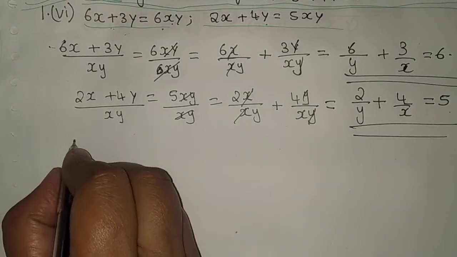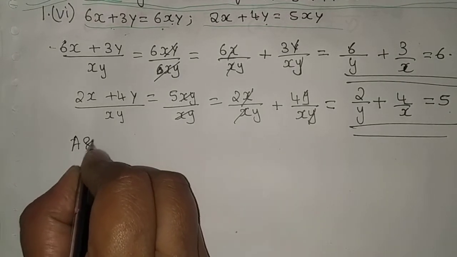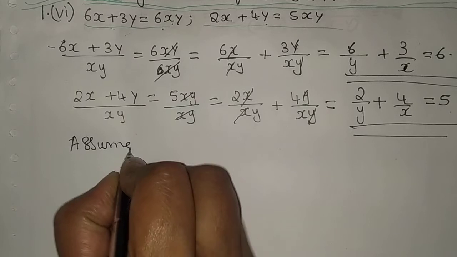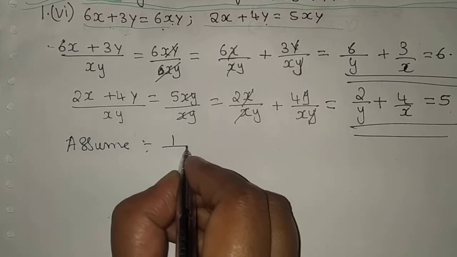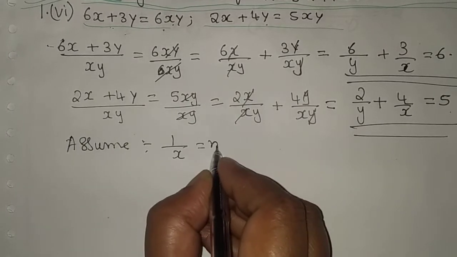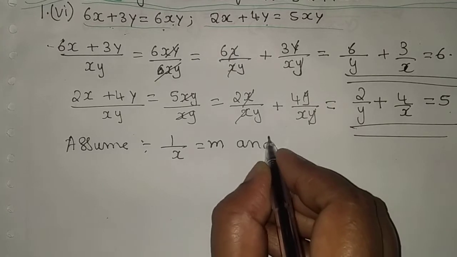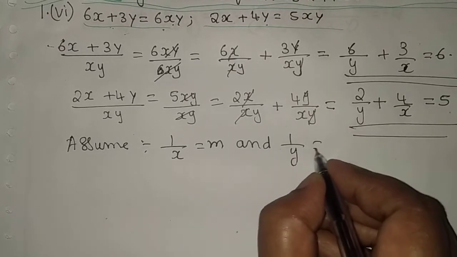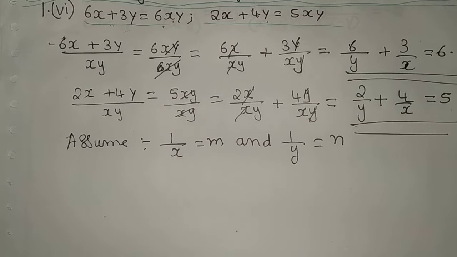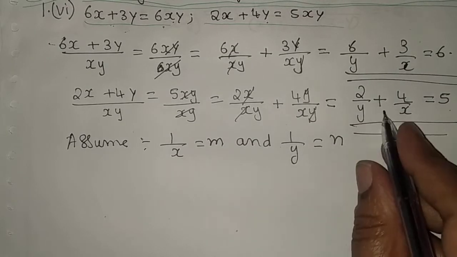Now we have to assume that 1 by x is equal to m and 1 by y is equal to n. We'll put in the above equations.